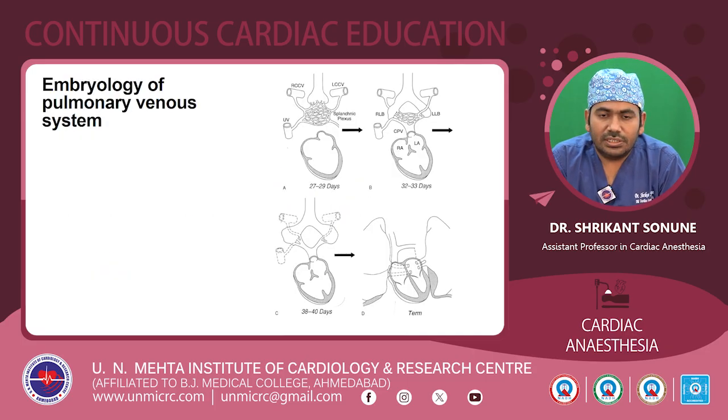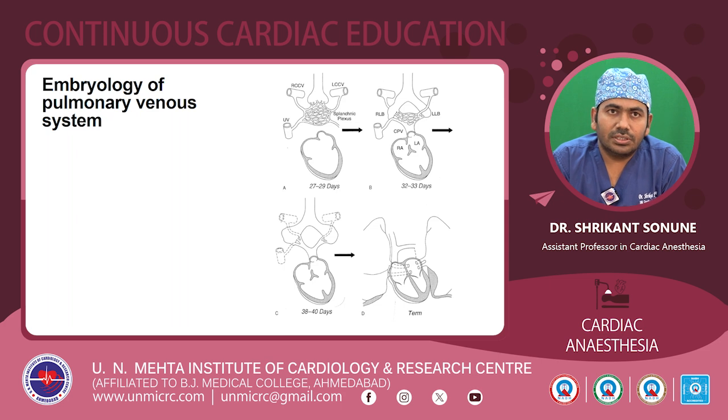Before starting, let's discuss the brief embryology of the development of the pulmonary venous system. At around 27 to 29 days of gestational life, there is no such formal connection between the lung and the heart.